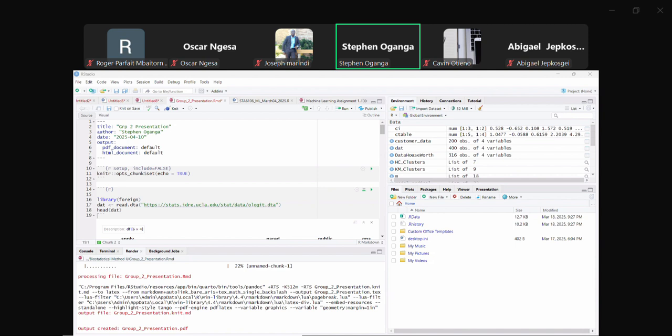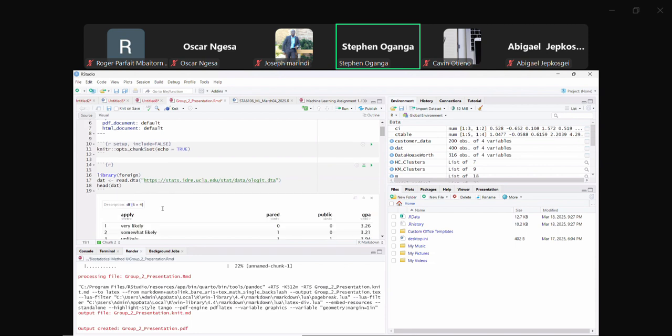I'll do a presentation on the ordinal regression, ordinal logistic regression. And we used some data which is hosted online. This is the link to get that data. So what I did, I had to read the data from where it is.